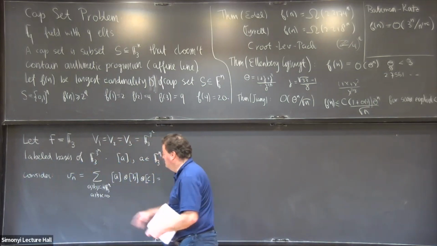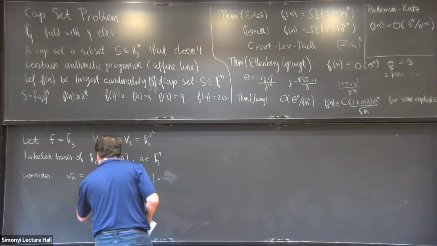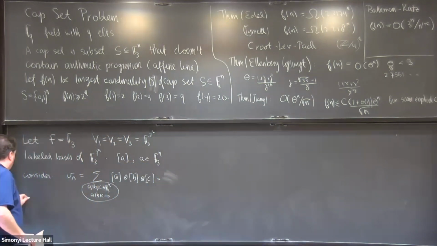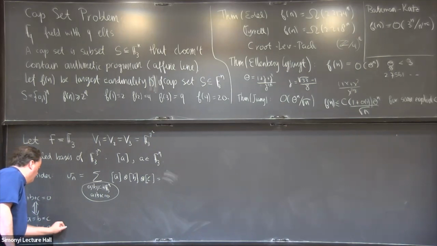When is the sum 0? If you look at that, a plus b plus c is 0 if and only if all three are equal, because then it's just 3 times something, which equals 0, or a, b, c are on an affine line in F3 to the power n.